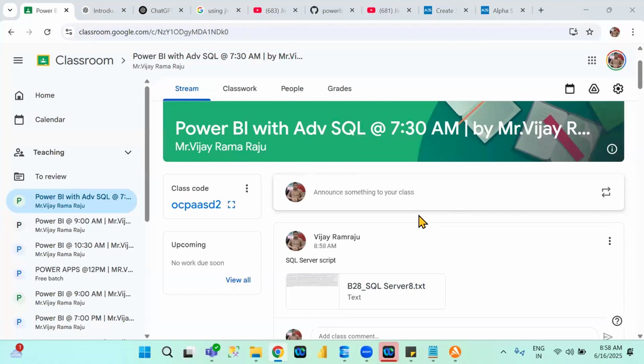Cloud, see here, there are so many cloud related technologies. In that, Azure is the best one. Azure has so many things, like Data Factory, Databricks, Azure DevOps. Any one thing you need to start first, and then the modules are very easy to learn.